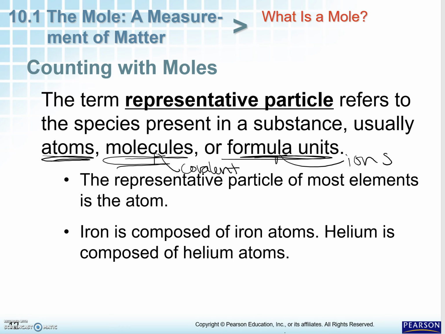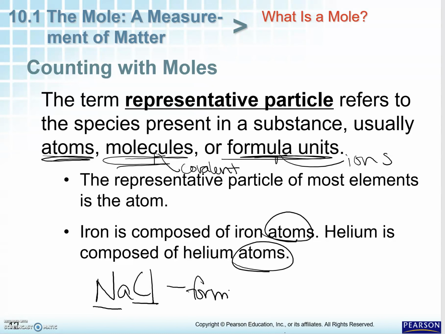So for example, iron is going to be composed of iron atoms. Helium is going to be composed of helium atoms, but NaCl would be a little bit different because there are 2 different elements here, so this would be actually a formula unit since it is an ionic compound.